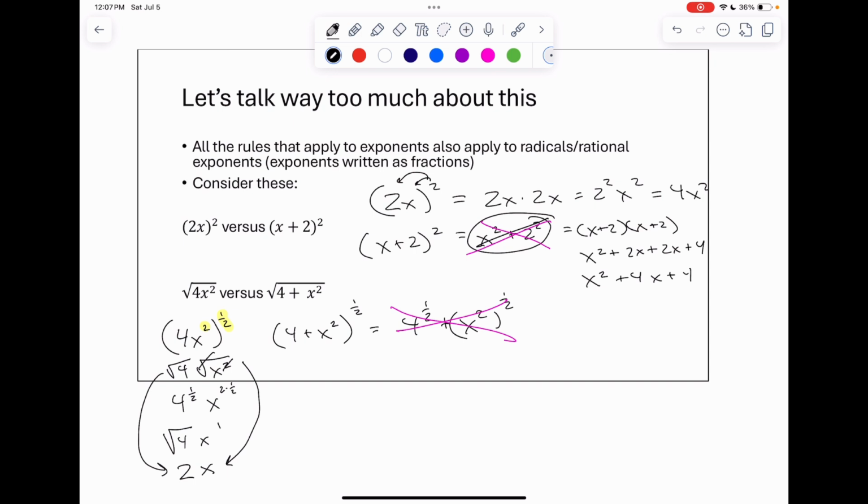Absolutely nothing. There's no way to simplify this that you need to know for the SAT, so don't stress out about it. If there was a way to factor it or get it into a form that was a perfect square of something, great, maybe we could simplify it, but not here. Yes, monomials, yay, good for simplifying. Polynomials, boo, not good for simplifying. Okay, so we'll keep an eye on that.